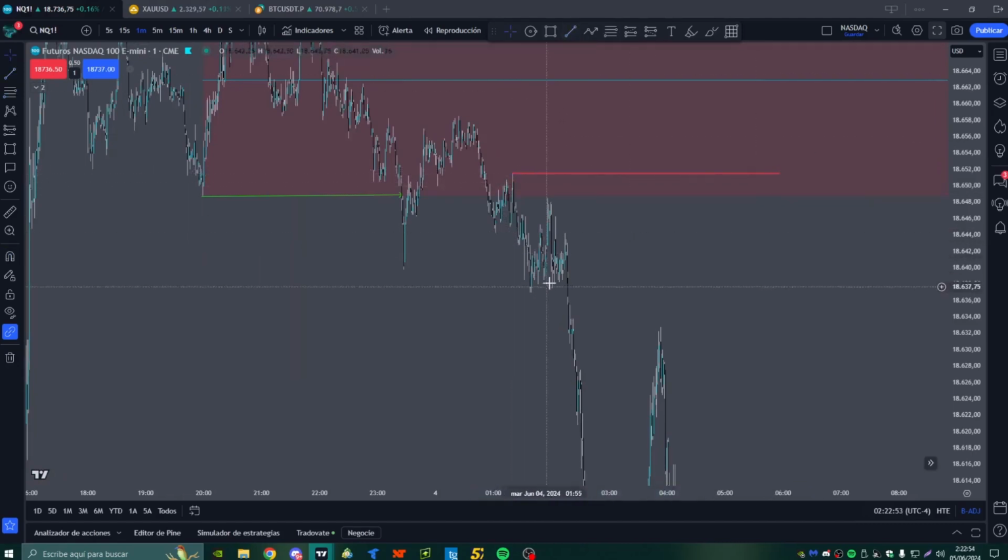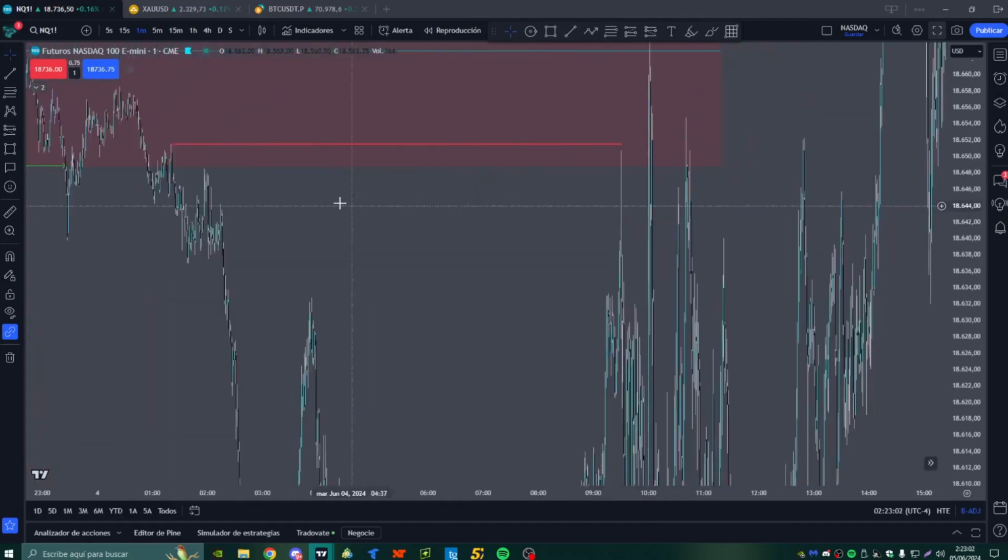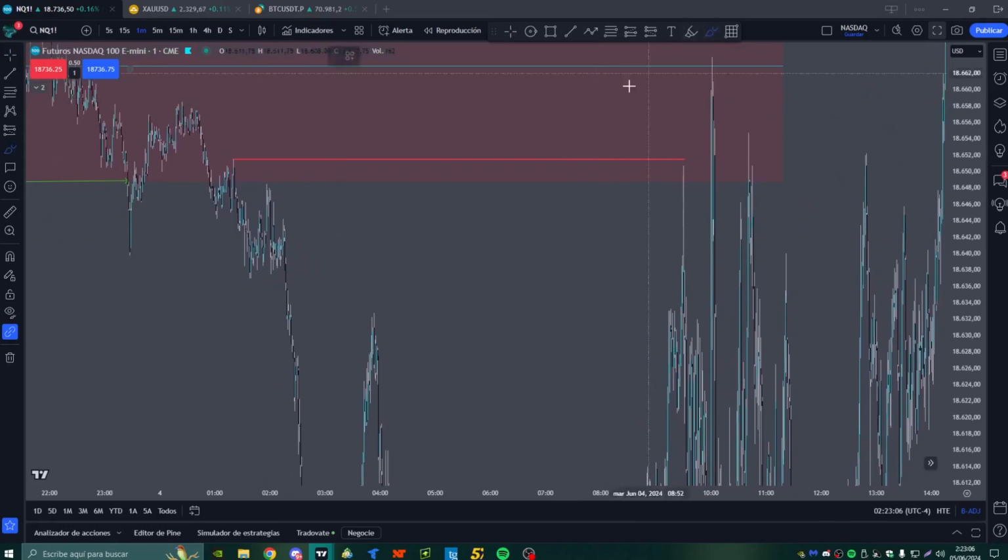This area that validated around here with its 50 and then gave the continuation. So the price swept this intermediate high of this area that was not validated by order flow, because the price at the moment of leaving it did not come back to give a continuation. So this high is taken and returns to this validated area.